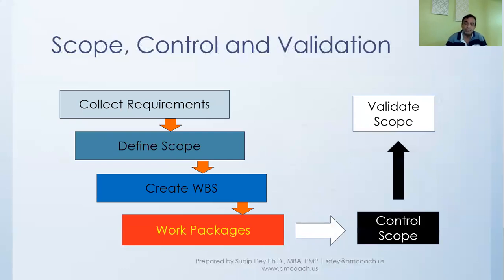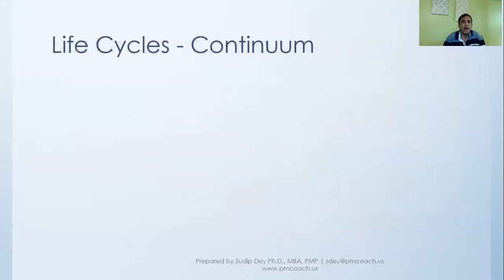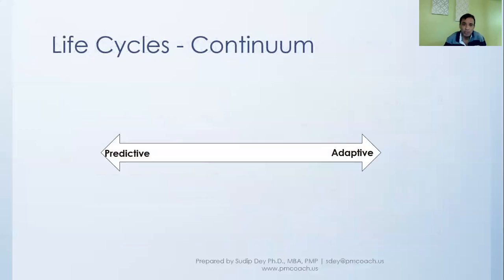Now, let's see how the life cycle, we talked about the life cycle, and how will that impact what we do in terms of scoping. Now, we talked about this spectrum that at one end, we have the predictive life cycle, some projects which are predictive, and at the other end, we have the adaptive.